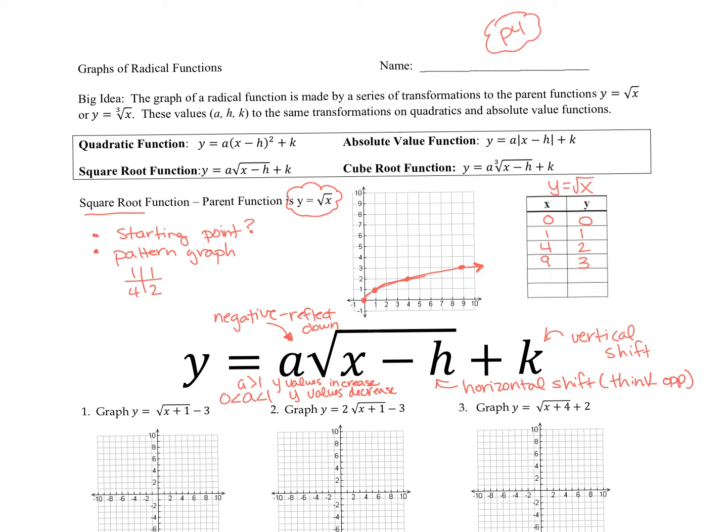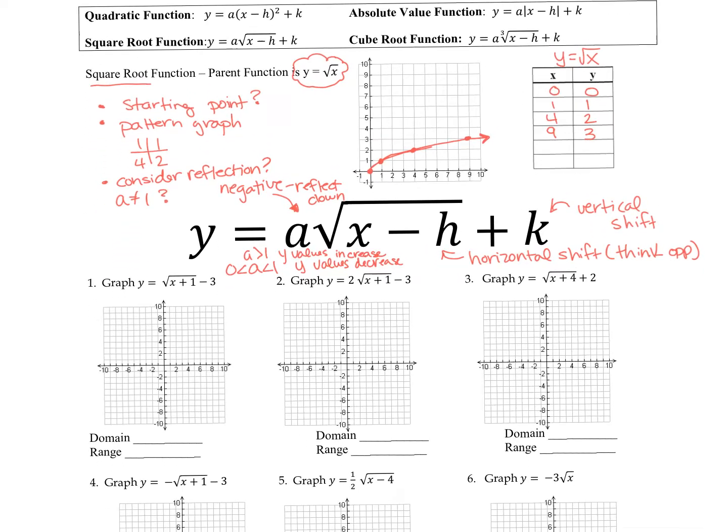And then I need to consider, is it reflected? If my a is not 1, how does that change my movements? So let's take a look at some graphs.